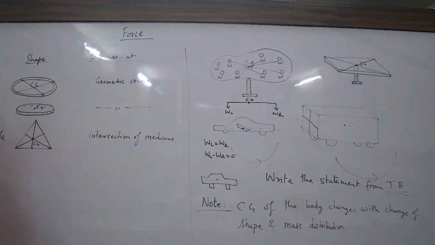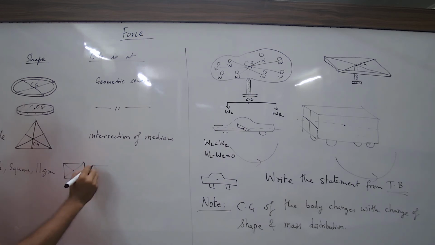Right. Fourth, what about say rectangle, square? So it is at the intersection of diagonals.